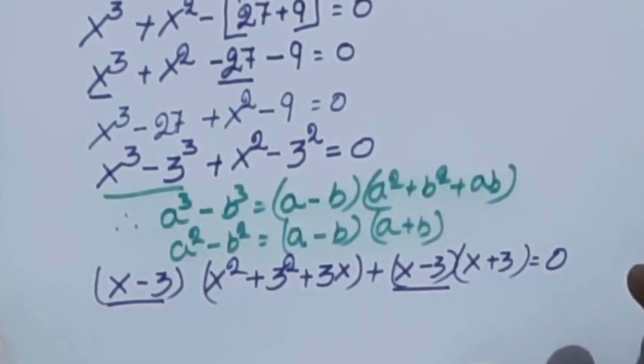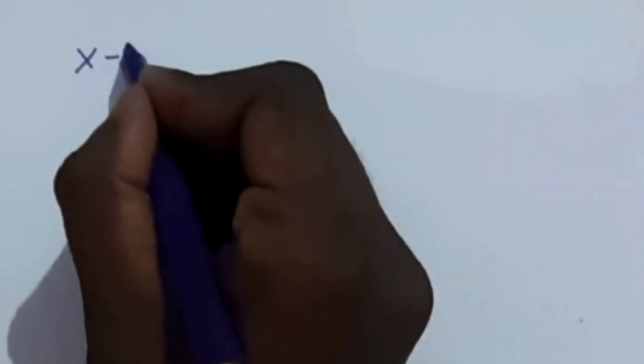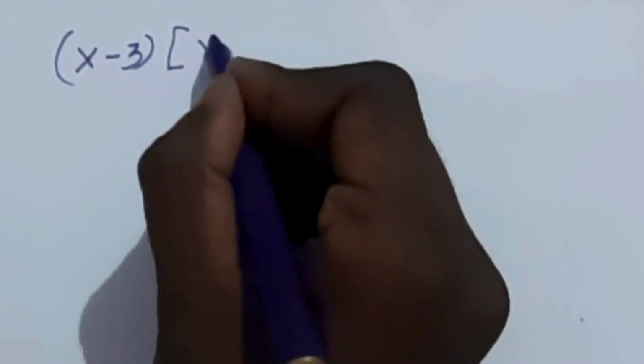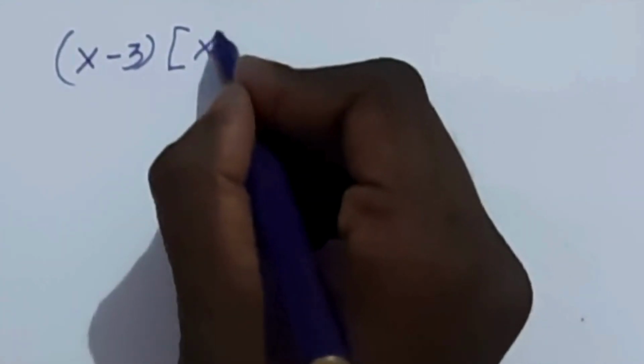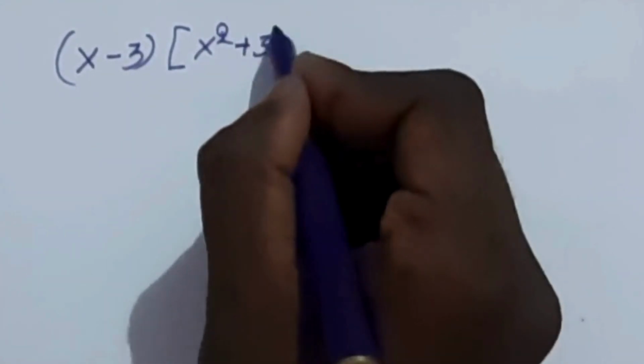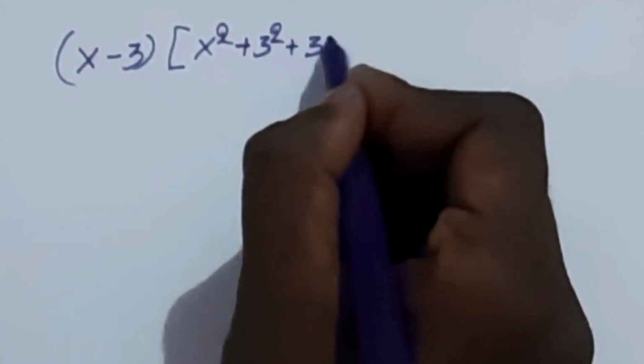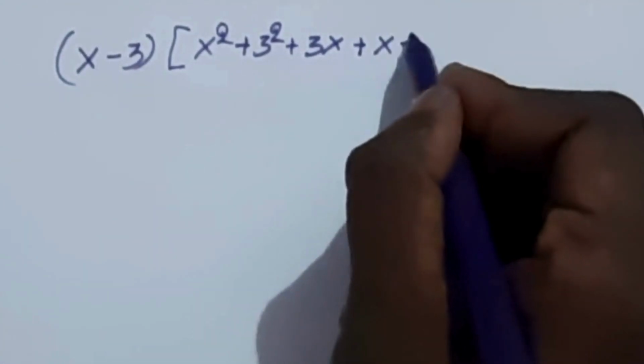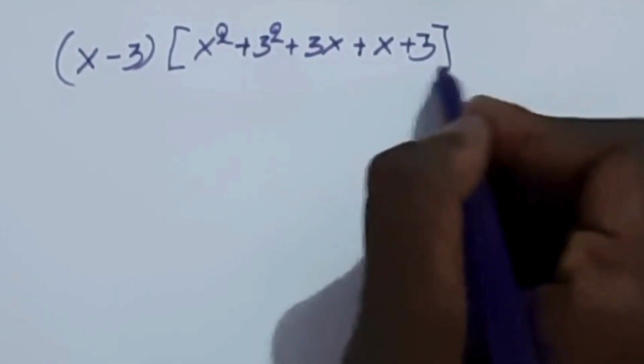We are going to take that common out. So (x - 3)(x^2 + 3^2 + 3x + x + 3) = 0.